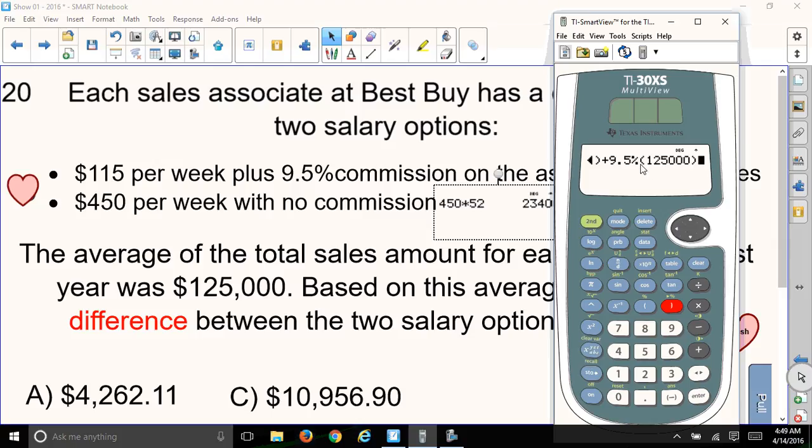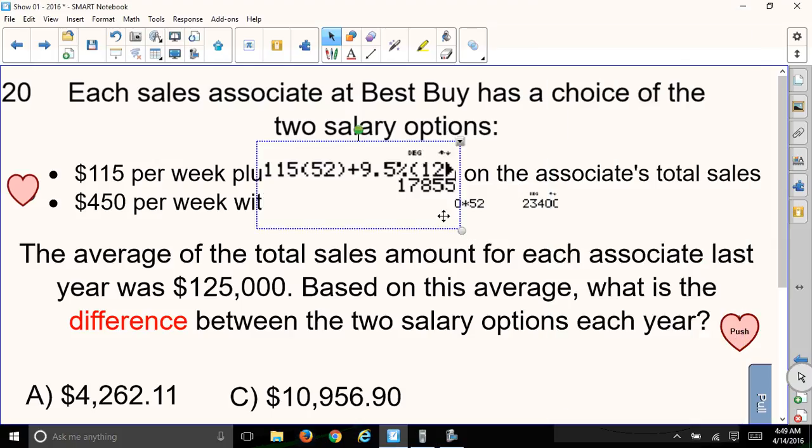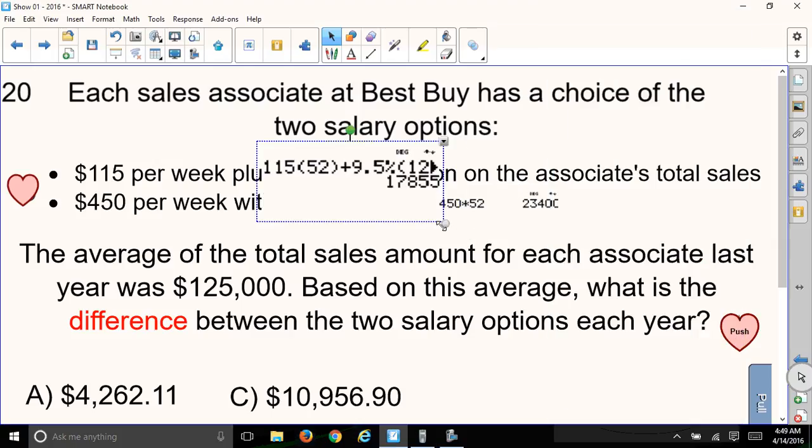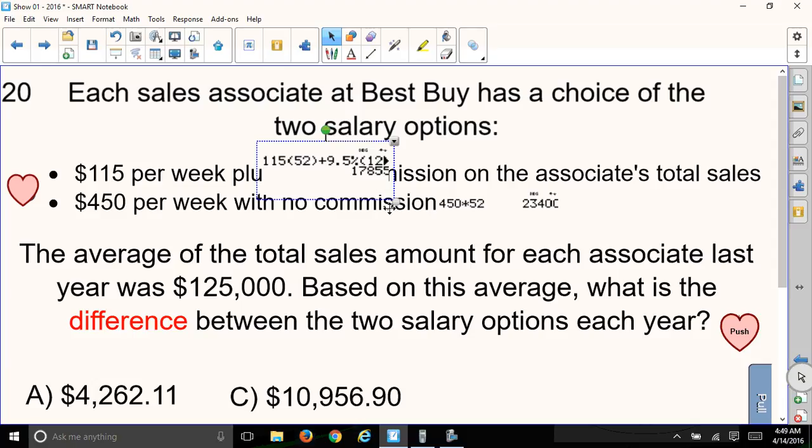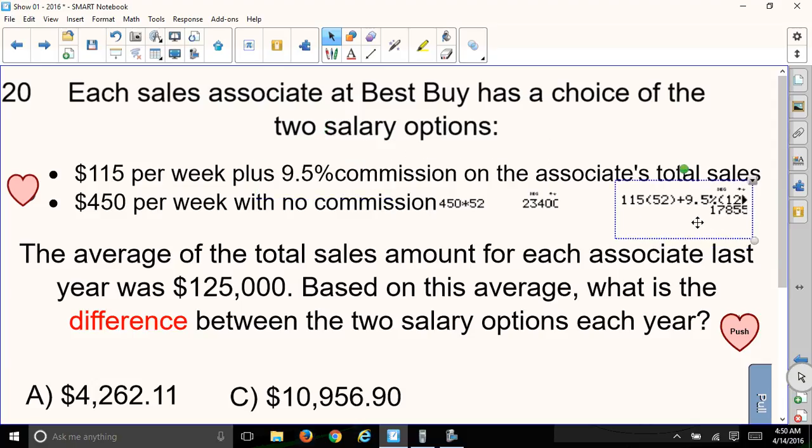You could have put a times sign in there, but I just put parenthesis next to it, which means times. So let's see what he makes. So he makes $17,855. So he didn't make as much as the other guy. So that's the other amount.